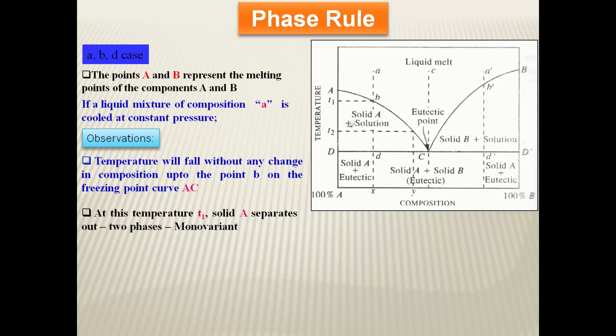They have tendency to lower each other's melting point. So at point B, corresponding to this composition, at temperature T1, solid A will separate out.